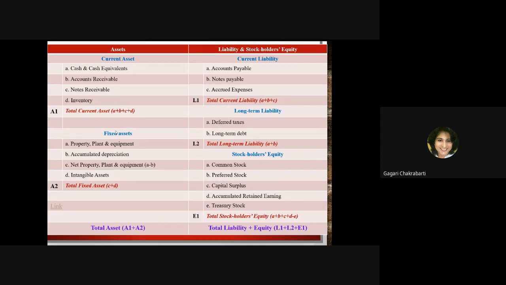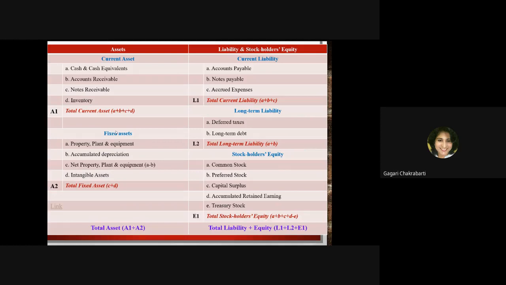Now, within the current asset, you will have cash and the cash equivalents. Current asset is the most liquid form of asset. So either it is cash itself, cash equivalent, or any asset which is easily convertible into cash. So under the current asset, we have these broad categories.